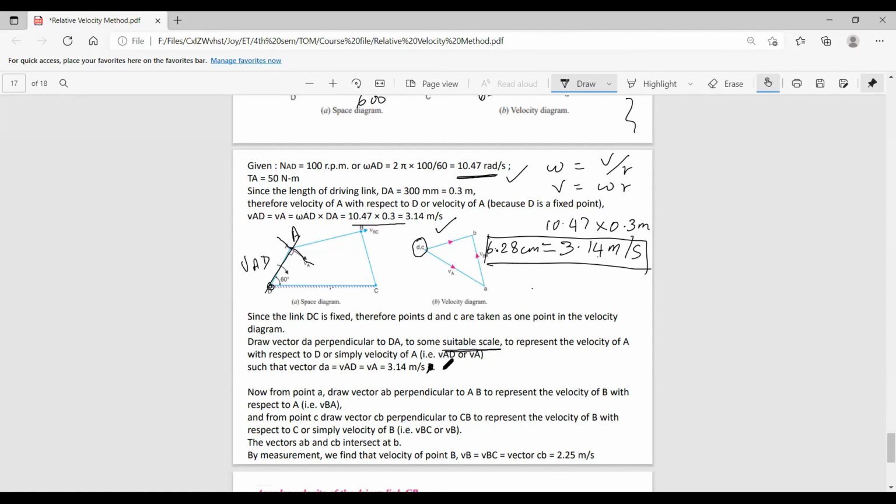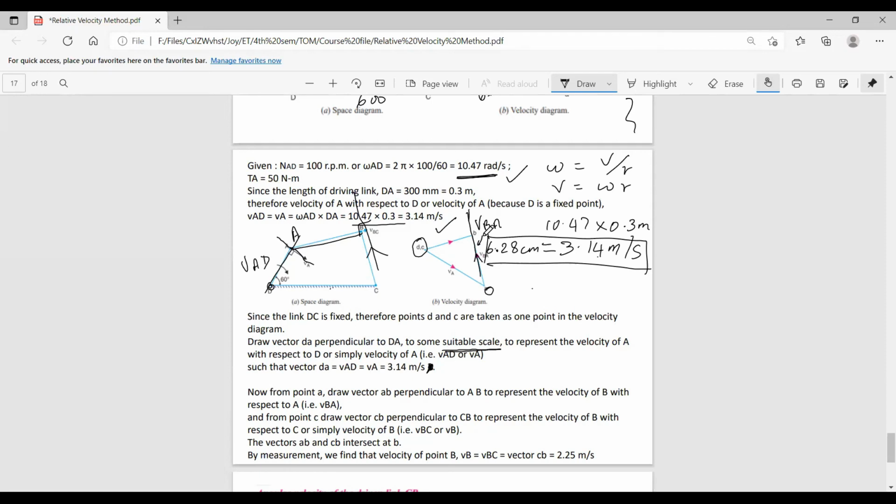All right. Now from point A, this is point A. Draw a vector perpendicular to AB, and this and this should be parallel, to represent the velocity of B with respect to A. Velocity of B with respect to A will be denoted by this line.